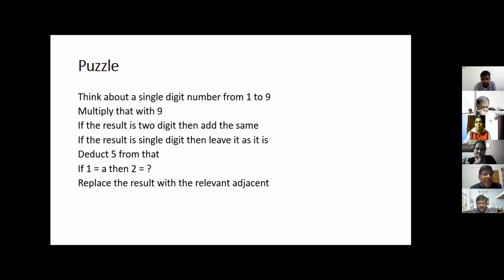Now, what I want you to do is, once you replace that, please think of the name of a country using that alphabet. 1 is to A, 2 is to B, 3 is to C, 4 is to D, 5 is to E, 6 is to F, or whatever your number would have been.